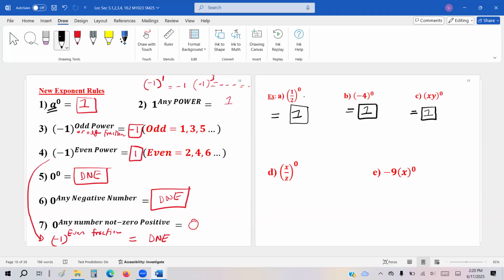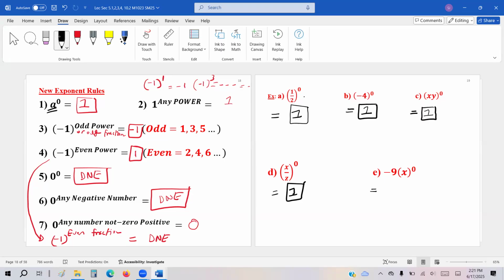How about D? X over Z, whole thing to the power 0. The next one is not one thing, it's two things.